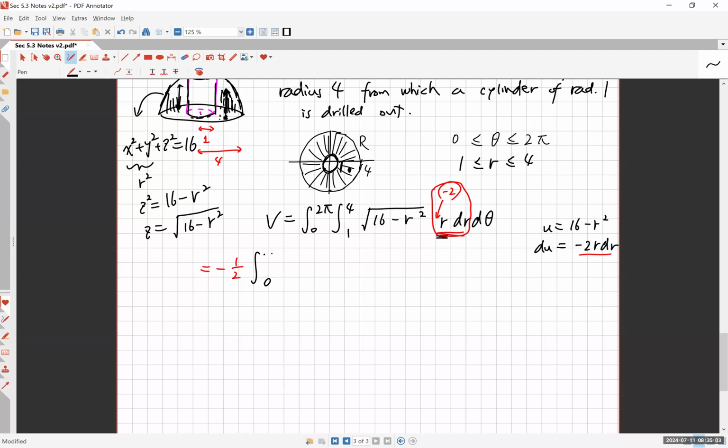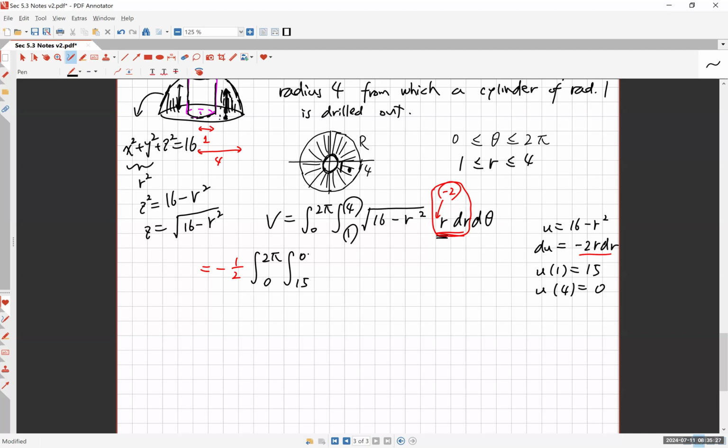Theta doesn't change, but r does. When r is 1, this is 15. When r is 4, you have 16 minus 4 squared, that's 0. So this one goes from 15 to 0.